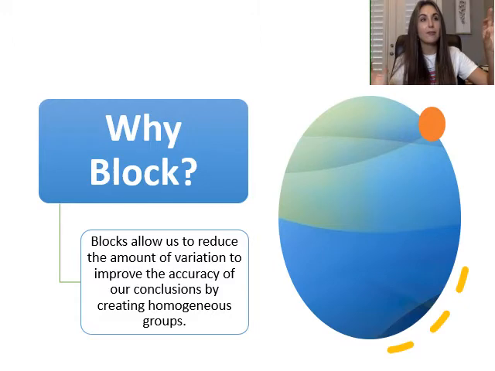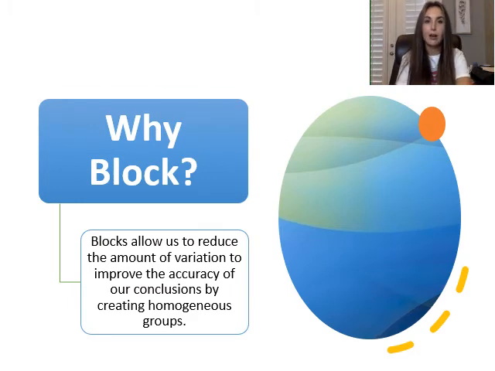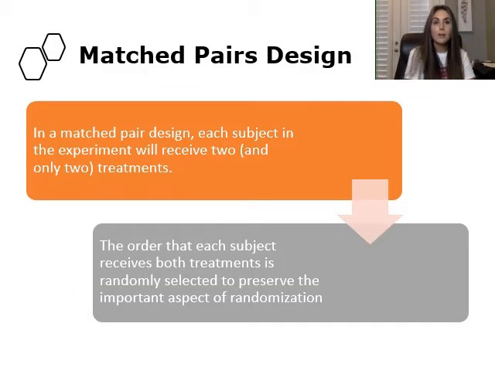So we may have great improvement in the older group and then not very much improvement in the younger group, and that's a whole lot of variation between the two groups. But within my older group and my younger group, there will be less variation, and so overall it improves the accuracy of my experiment.